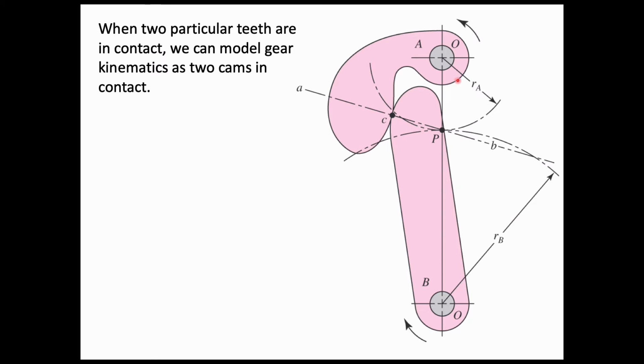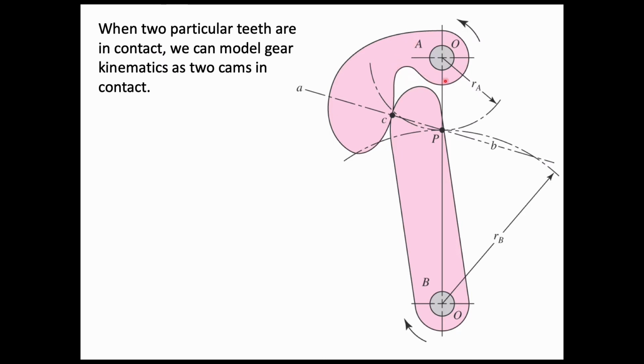We have one tooth here that's part of gear A, and then another tooth here that's part of gear B, and they're contacting at this point C. And as the angular position changes, the position of C along the gear tooth surface is going to change.